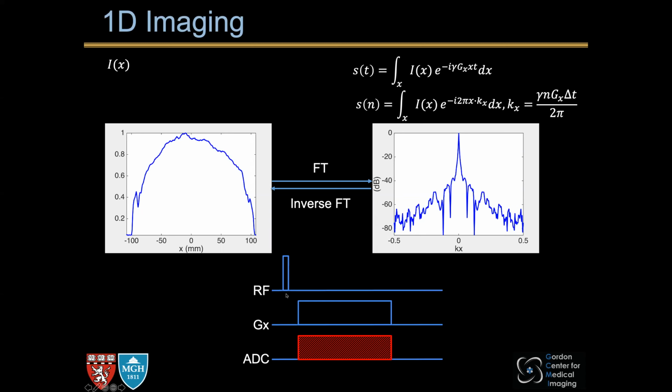Basically, we apply an RF pulse to excite the signal, and then we apply a constant gradient in one direction, and then we simply sample the signals while the gradient is turned on. The received signal is a Fourier transform of the imaging object function, and accordingly, if we apply an inverse Fourier transform to the received signal, we can reconstruct the image object function.